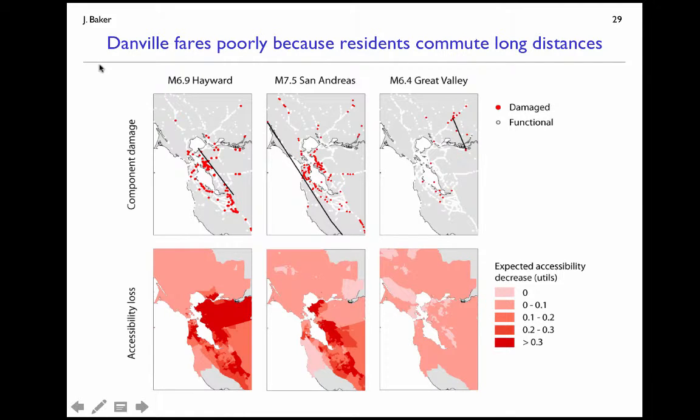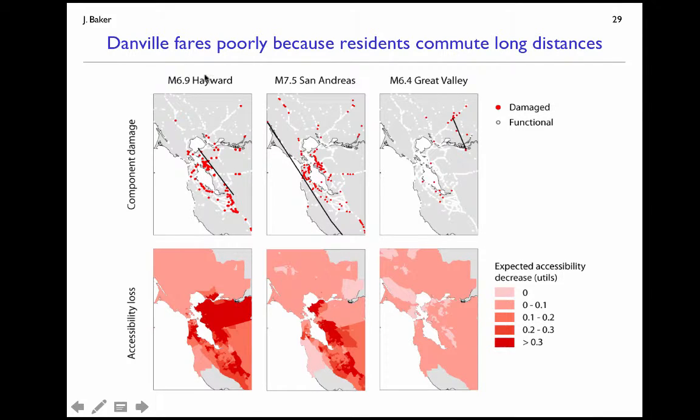To illustrate, we have in the top row 3 plots of earthquake scenarios. In black lines are shown the extent of the ruptures associated with the Hayward and San Andreas, being the well-known and well-anticipated earthquake events, and then a further East Bay event on the Great Valley Fault as well, just to illustrate.